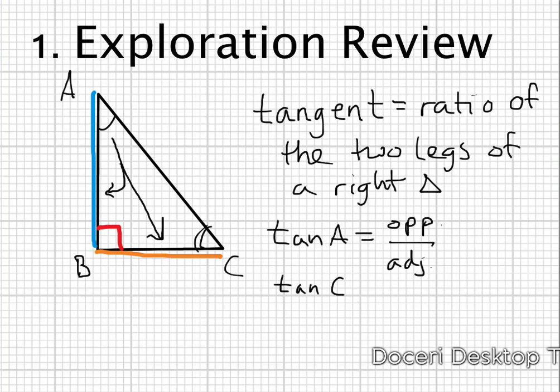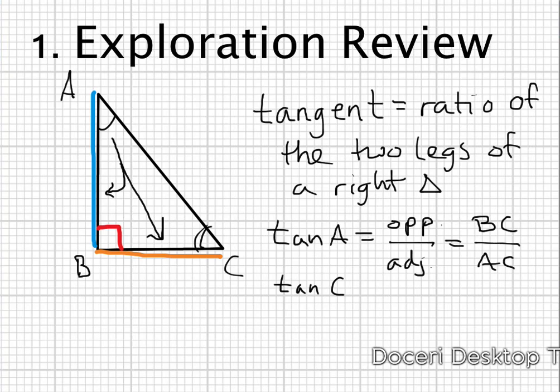So when I talk about tangent, I'm talking about the ratio of the two legs of a right triangle. And more specifically, I talk about that in relation to either angle A or angle C. If I'm talking about angle A, my opposite over adjacent leg would be BC over AC.